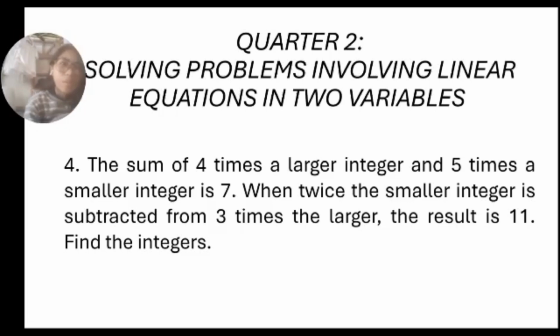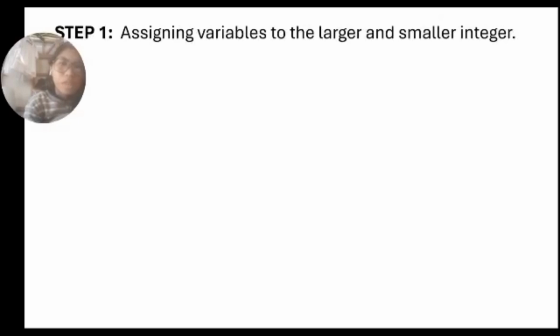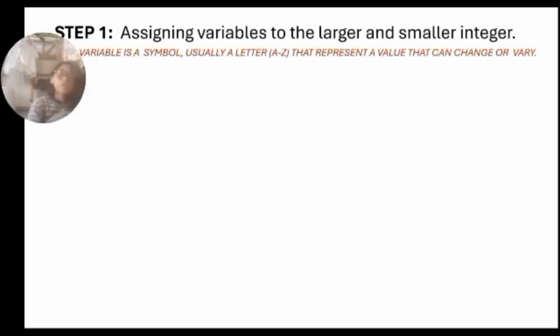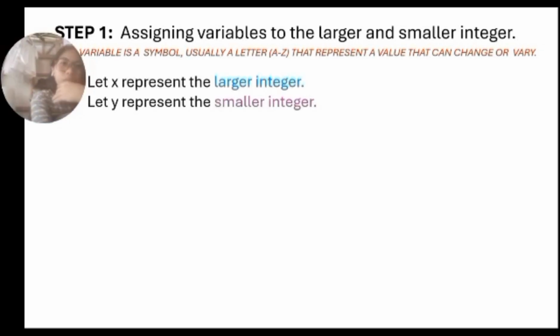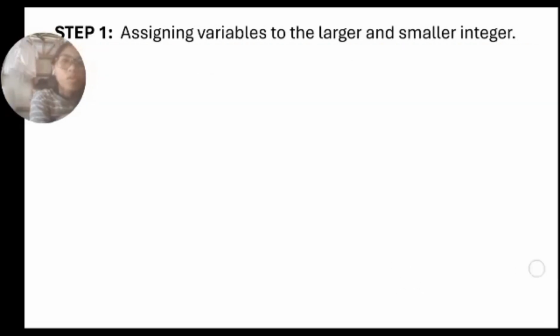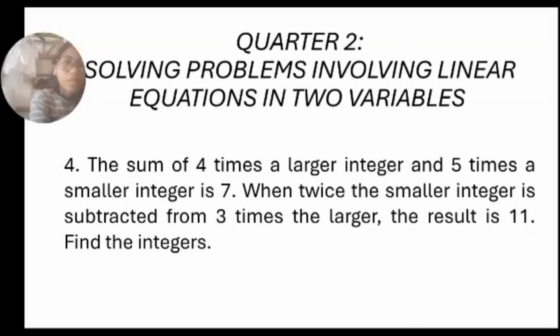So step 1, we need to assign variables to the larger and smaller integer. So here we let x represent the larger integer and y represent the smaller integer. So sunod ato na i-apply si larger integer as x and si smaller integer as y.